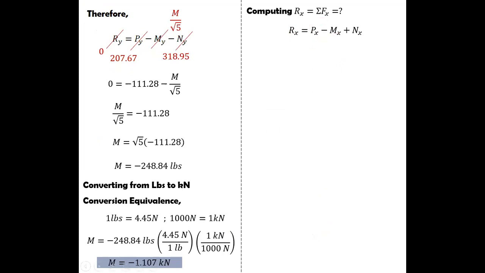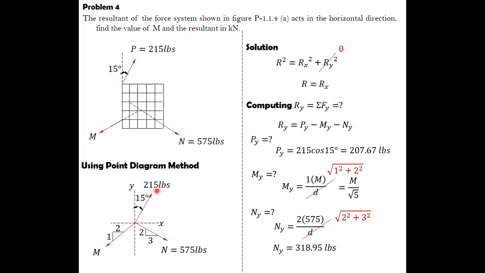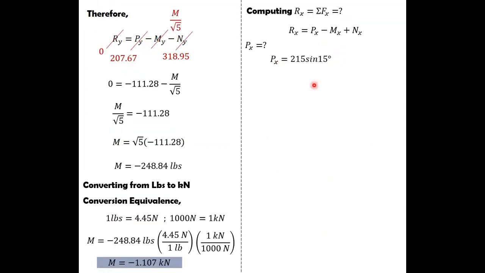Balik tayo doon sa point diagram natin. Since the angle is measured from the y-axis, the trigo function that we need to use to compute its x component is sine function. So meaning to say, Px is also equivalent to 215 sine 15. So that is equivalent to 55.65 pounds.